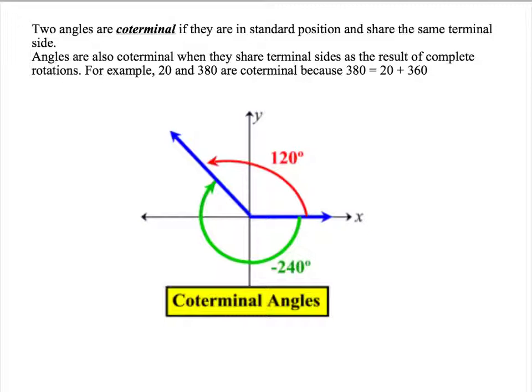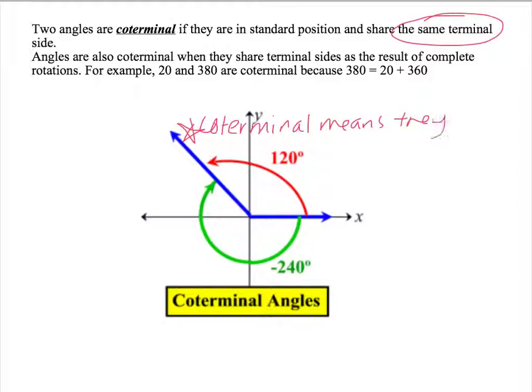You might want to make note of that. Make sure you really know that. You can circle: they share the same terminal side. You could put yourself a little note there. Coterminal means they end at the same spot.